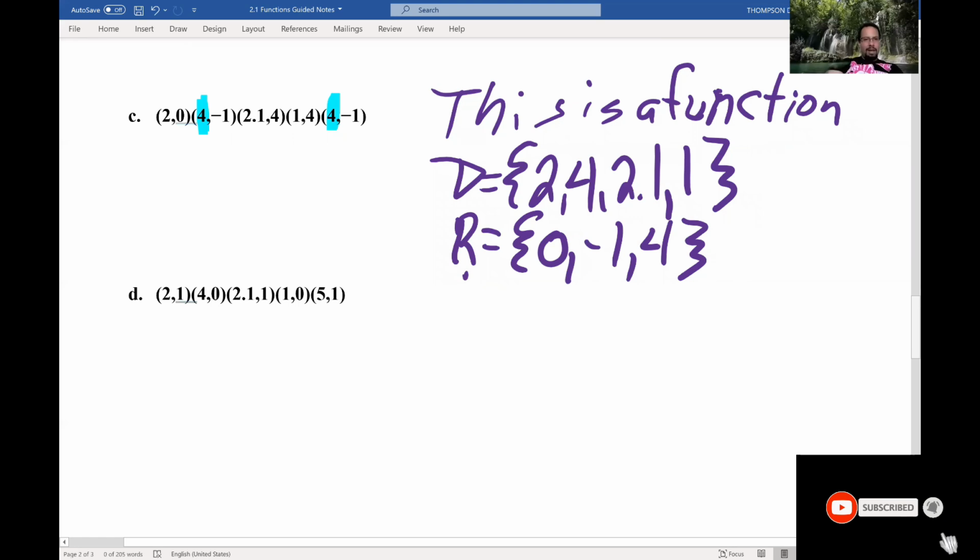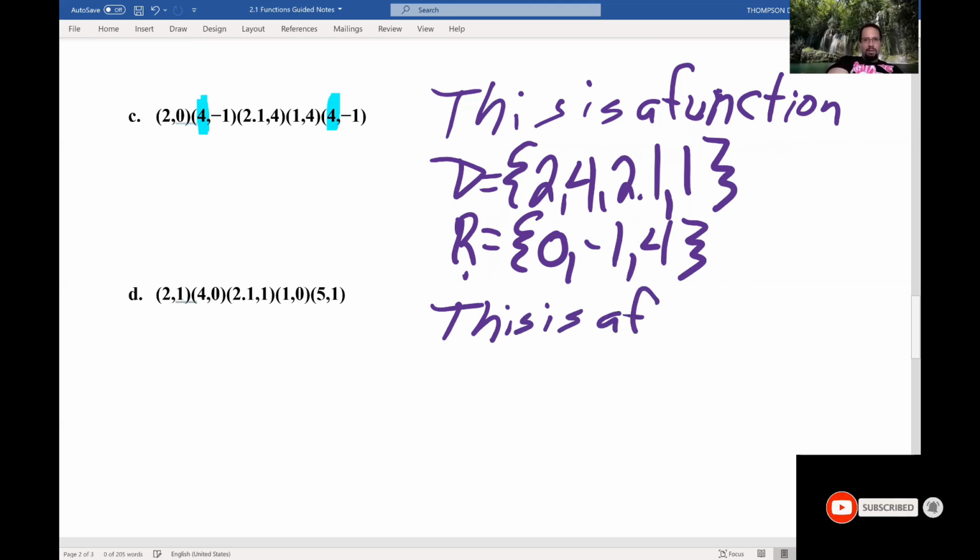For part D, we have (2, 1), (4, 0), (2.1, 1), (1, 0), and (5, 1). So we don't have any repeated x values. So this is a function. Our domain will be the x coordinates of our ordered pairs.